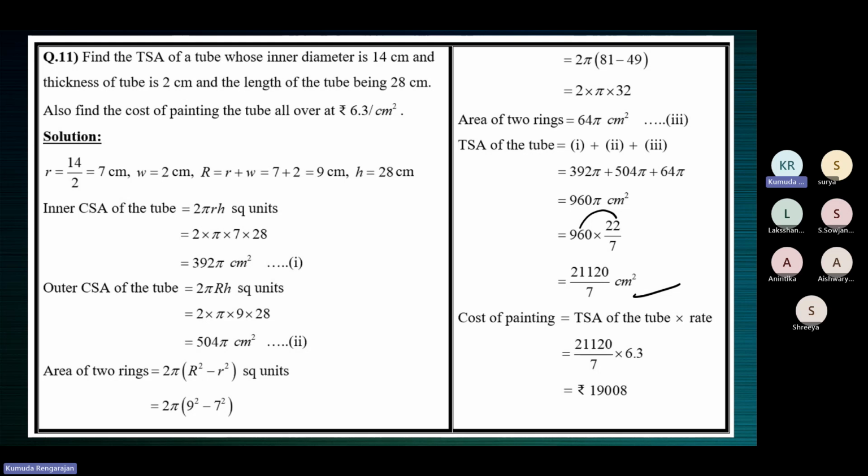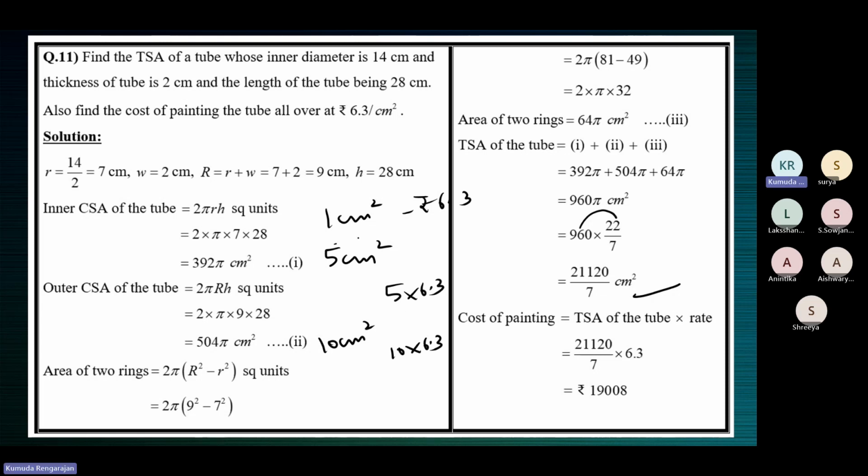You should also find the cost of painting the tube all over at the rate of rupees 6.3 per centimeter square. To paint 1 centimeter square, the rate is 6.3 rupees. To paint 5 centimeter square, it will be 5 into 6.3. To paint 10 centimeter square, it will be 10 into 6.3.